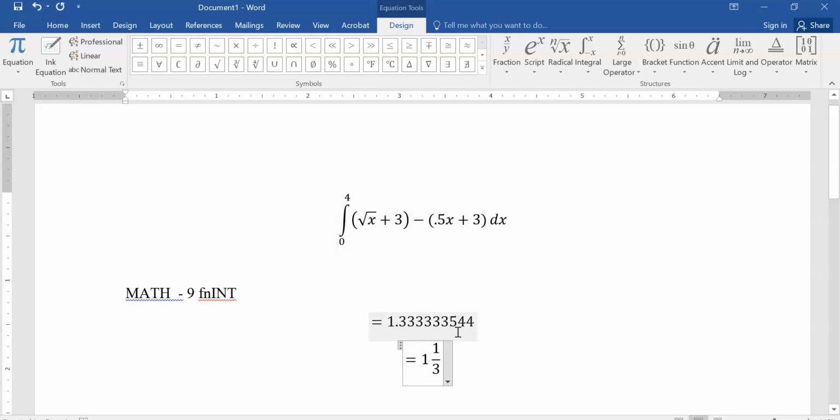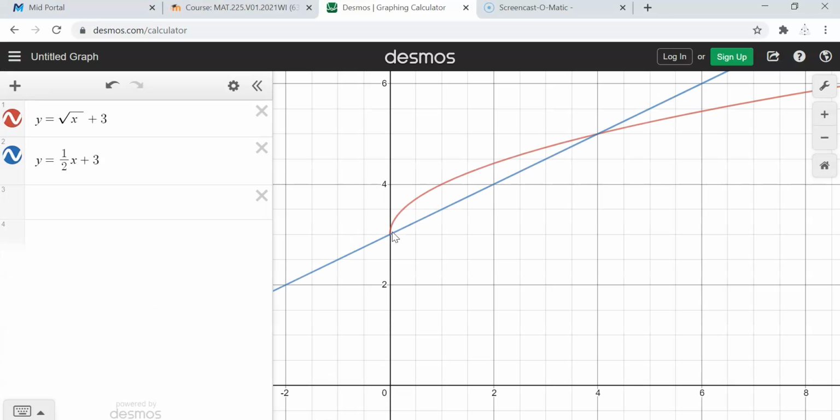So as it gets closer and closer, when you have something like a square root and we're integrating close to 0, it's going to have issues right here. And so what happens is that those approximations get better and better. And the calculator eventually says, well, the approximation's good enough for me.